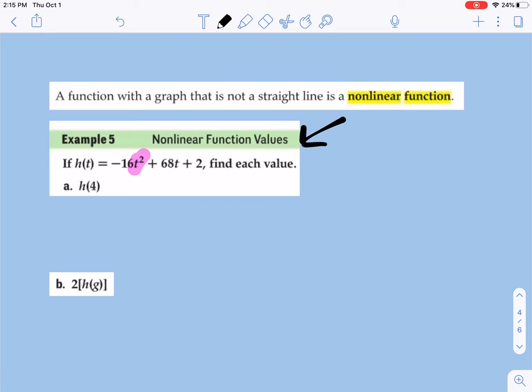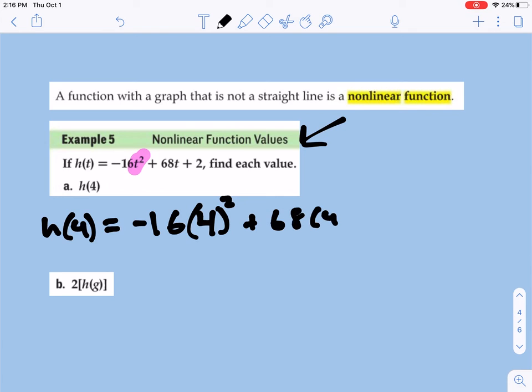You would just go h of 4. You just plug it in. It's negative 16 times 4 squared plus 68 times 4 plus 2. I always forget I have an eraser with these things. And you just do your math.